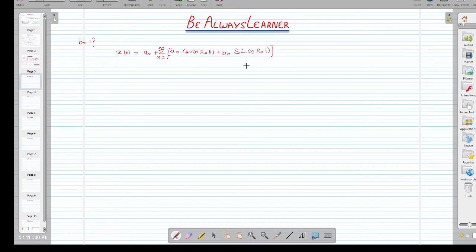Right. So that is the starting point of calculating the value of bn. Now this is equation number 3. So I am just writing equation number 3, multiply this equation by sine of m omega naught t, and after that integrate both sides.